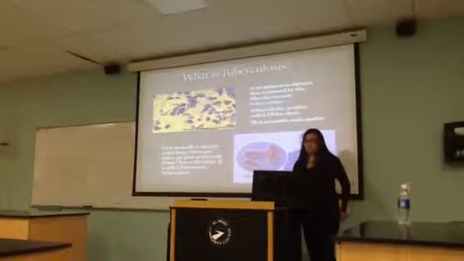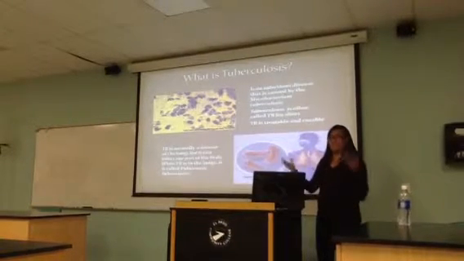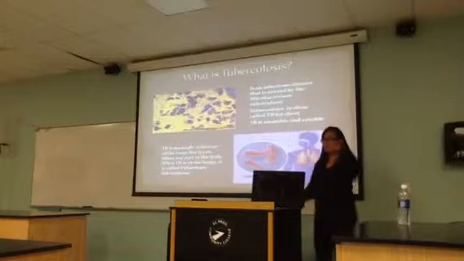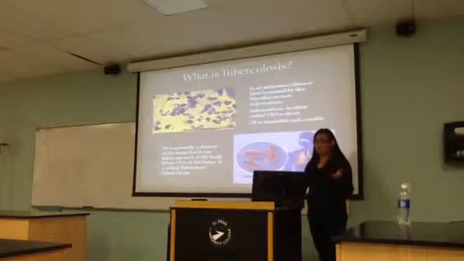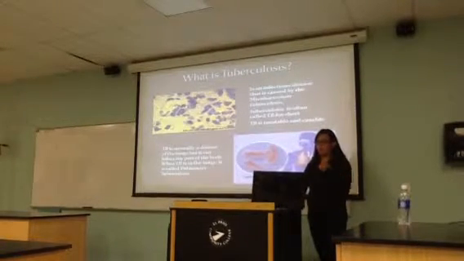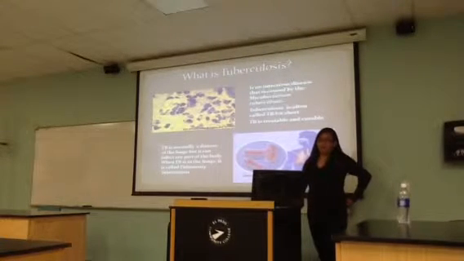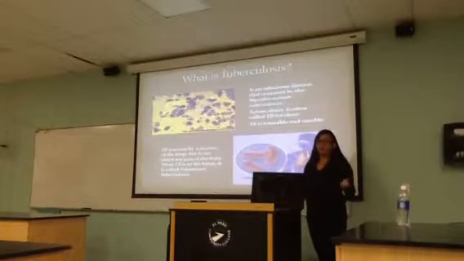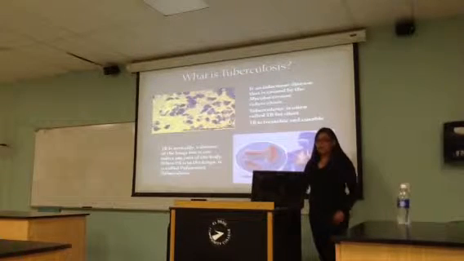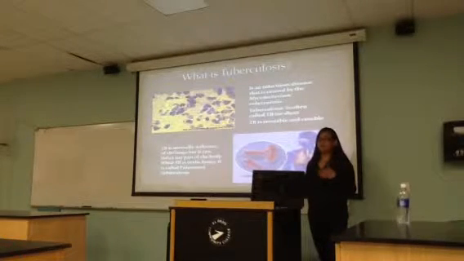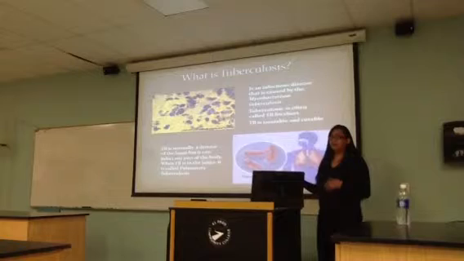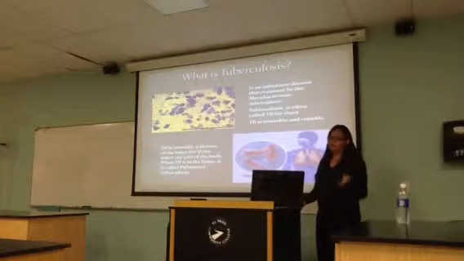What is tuberculosis? Here it explains the shape of the bacteria, but it is an infectious disease caused by Mycobacterium tuberculosis, often called TB for short. It usually affects the lungs, but it can affect other organs of the body, like the spine.